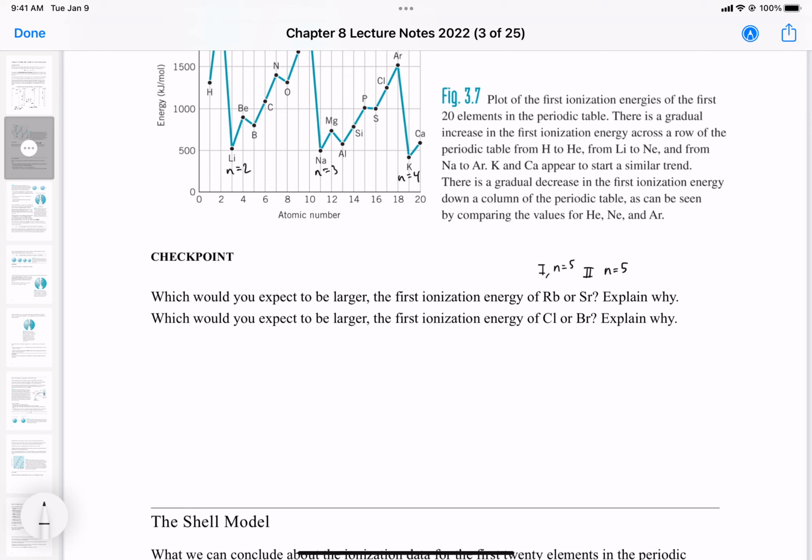So we would expect the first ionization energy of strontium to be greater than that of, whoops, no, of rubidium.